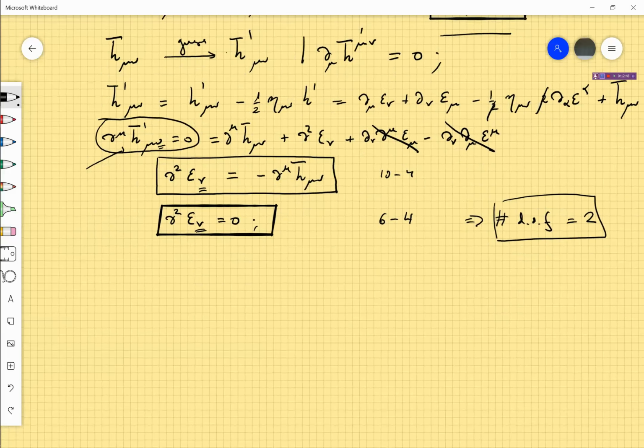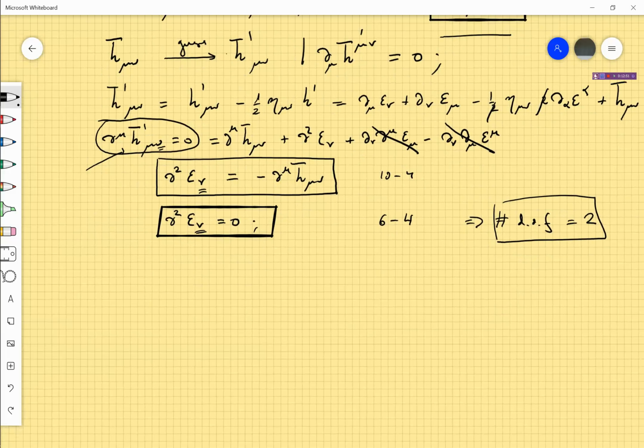Okay. Now, if we are outside of the matter sources, because we can do this, because we assume that matter has a compact support, T mu nu has a compact support, and you can be far away from them. We can quantify this in terms of the characteristic wavelength of the gravitational waves.